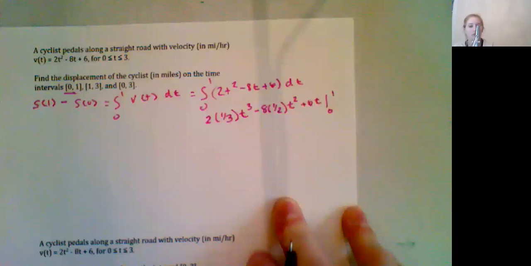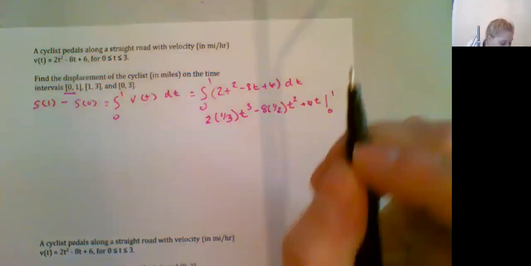Okay, so I always like to write out before I simplify just to make sure I don't make any mistakes. So I'm going to have 2/3 t cubed minus 4t squared plus 6t, and I'm going to evaluate that at 1, 0.